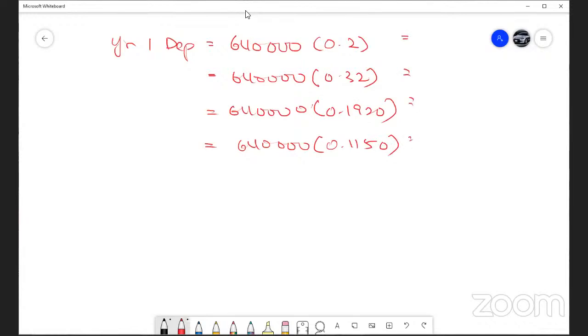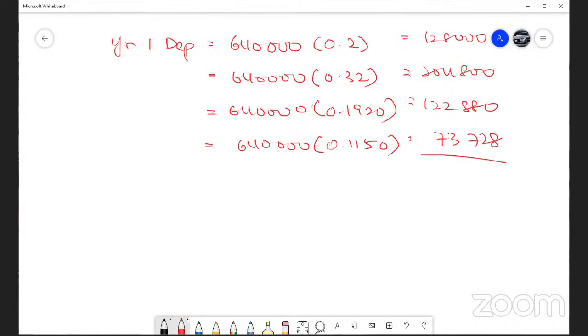These figures are from the table. So you get 128,000, 204,800, 122,880, 73,728.